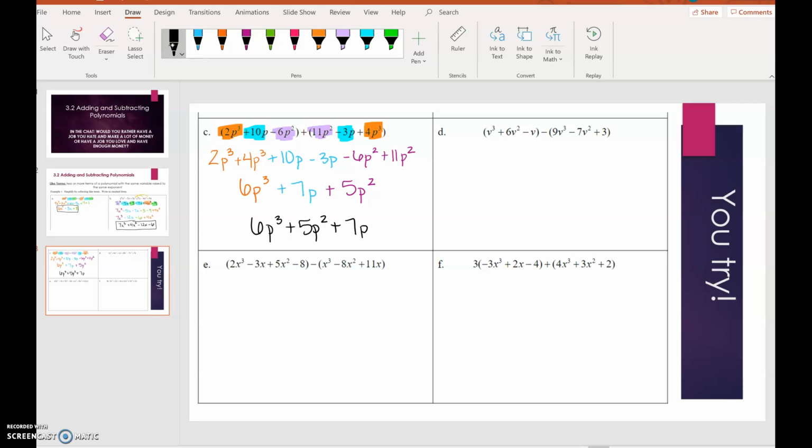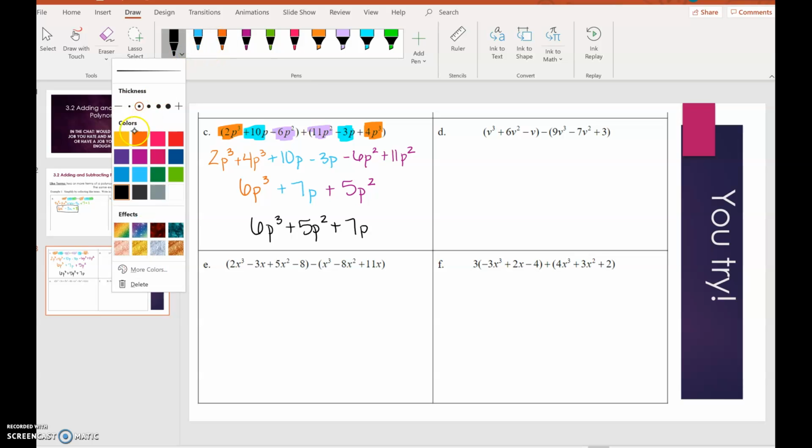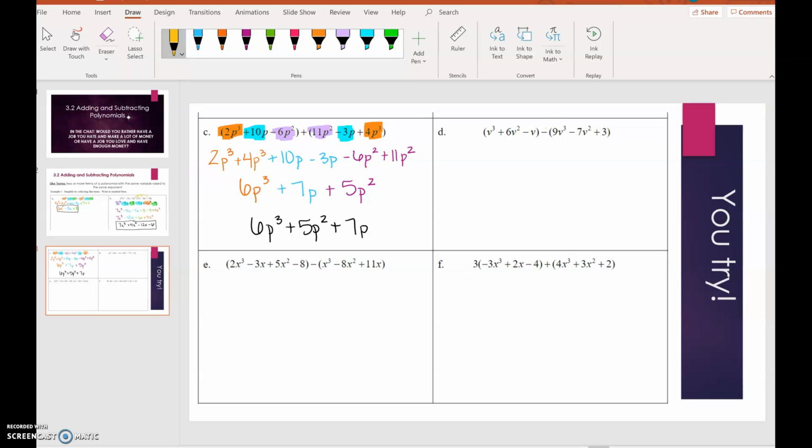Okay. And then the next one is like the other one where I mentioned to distribute that negative first. Otherwise, we often miss a minus sign because you need to do, okay, this is a like term and this is a like term, so you need to do v to the 3rd minus that. Or for instance, this 6v squared would be 6v squared minus a negative 7v squared.